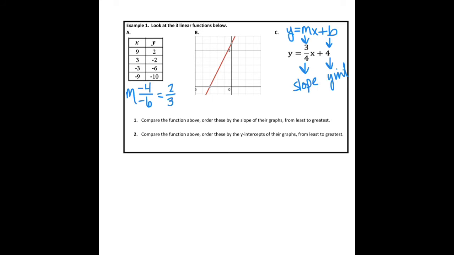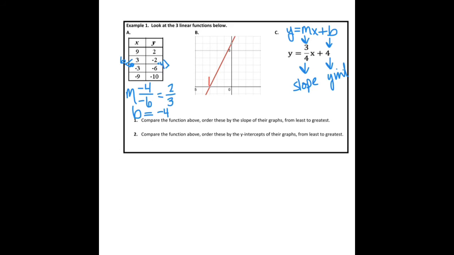However, if I were to find the distance from these 2 points is 6, so half of that would be 3, which would put a 0 right there, and the distance between these 2 points is 4, and half of that would be 2, which would make this negative 4. So the y-intercept happens at the ordered pair 0, negative 4. So it crosses the y-axis at negative 4. The next function is a graph.